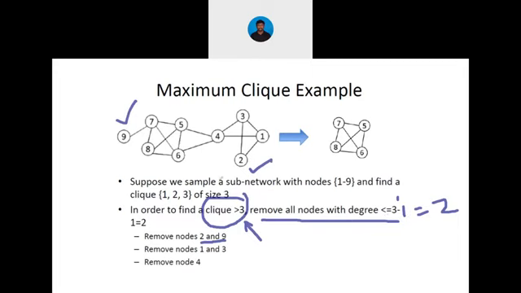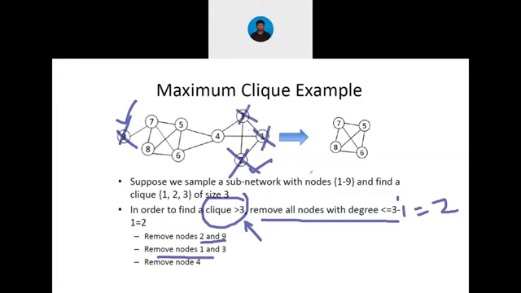So I am removing 2 and also 9, right? While considering another removal, I am removing the nodes 1 and 3. Since the node 2 has been removed, I am removing the node 1 also.